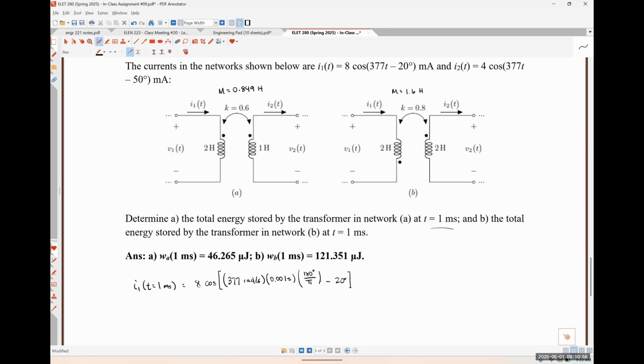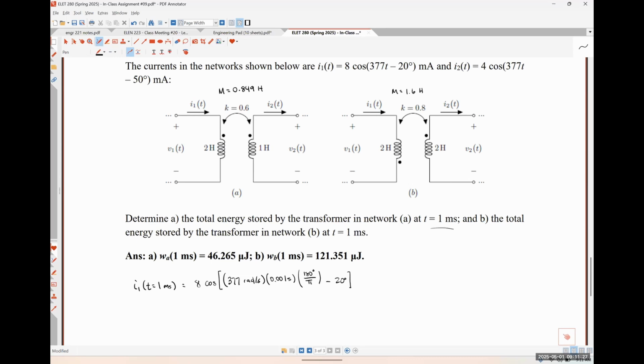Because there are 2 pi radians in a circle containing 360 degrees, which means there is 1 pi radians in half a circle, or 180 degrees. So now I can just throw this into my calculator, right? So I would have 8 cosine of 377 times 0.001 times 180 over pi minus 20 degrees.